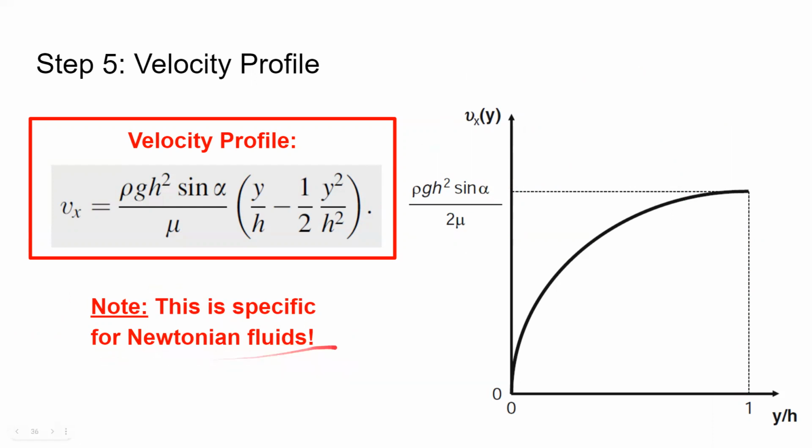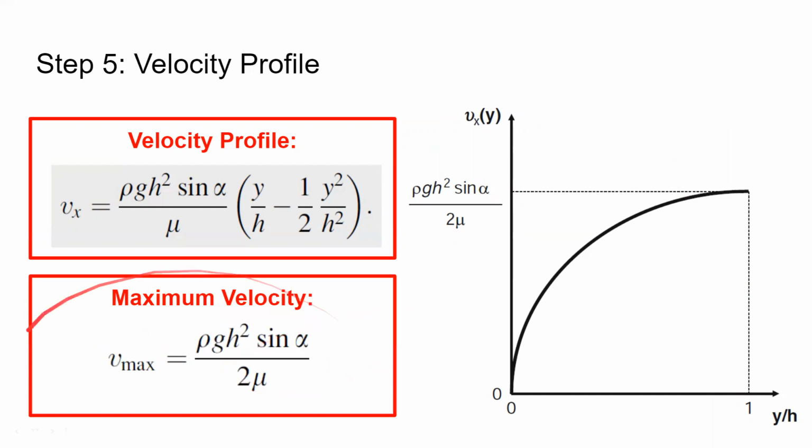Great, so we have our maximum velocity Vmax, which is this. And we know that because at y equals h, which is 1, right at the top of our flow, that's at that gas and liquid interface.